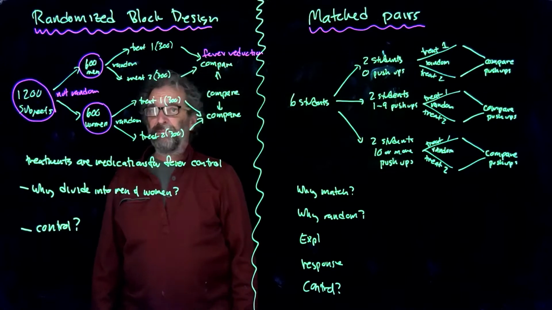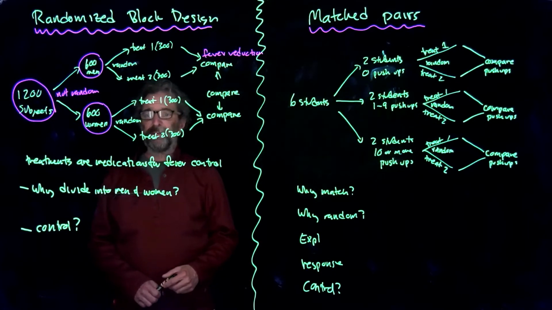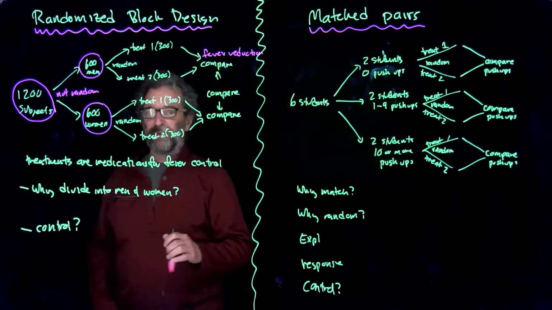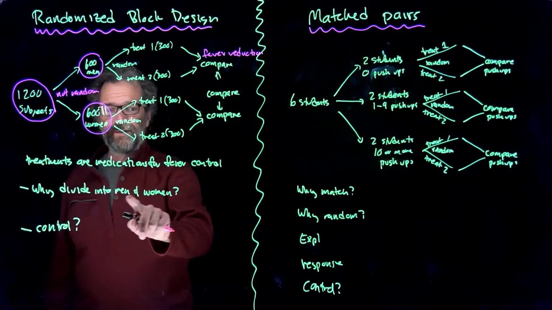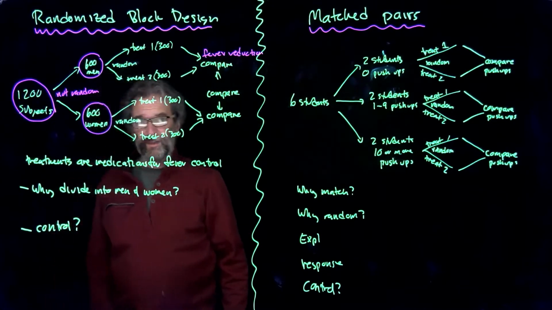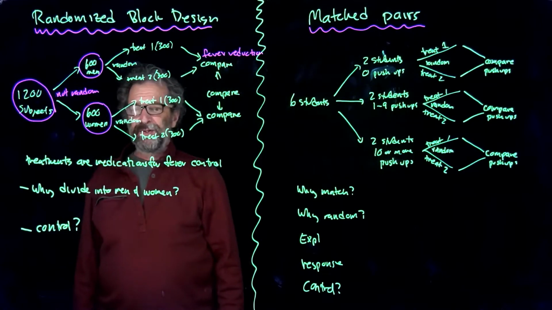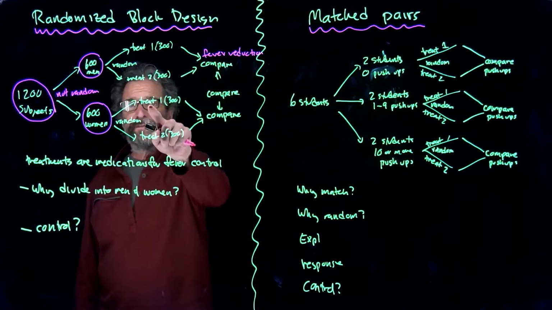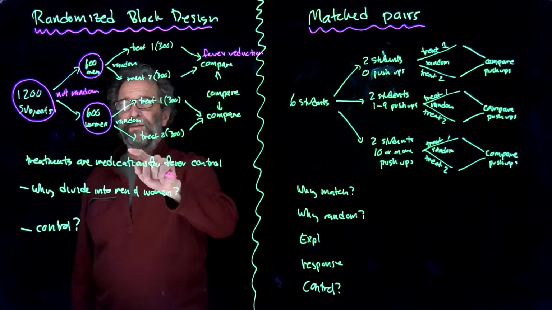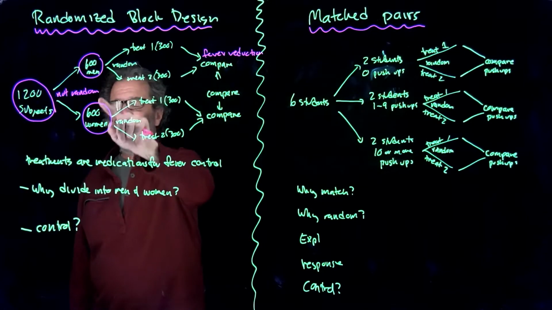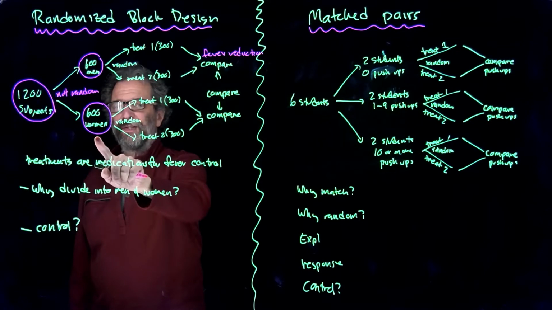Now, otherwise, if you didn't break them into groups, we'll talk about that in a minute. Why divide it into men and women? Well, it's possible the medication you're using or the comparison of the treatments you're using, that aspirin works better for men and aspirin works less well for women.